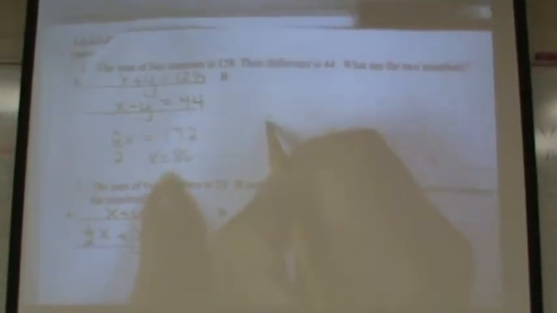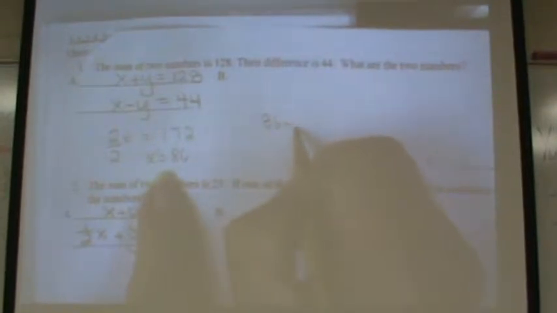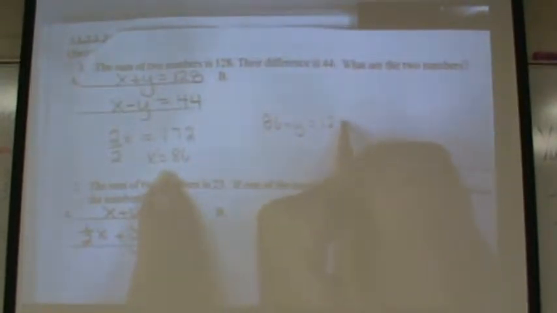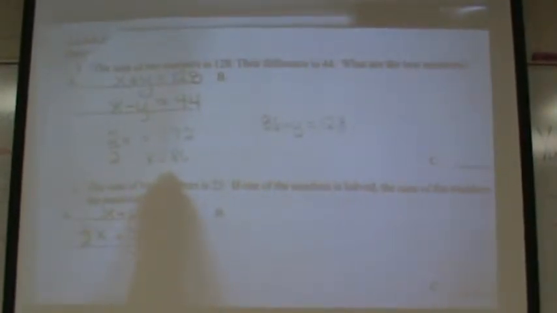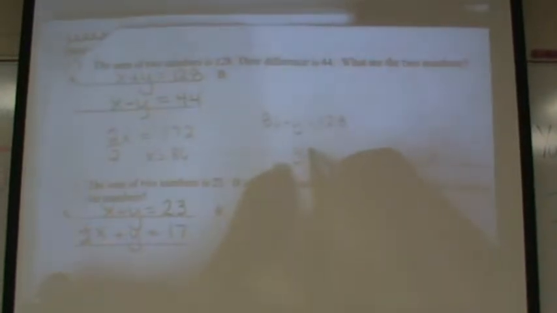So 86 plus y is equal to 128. 128 minus 86 is equal to 42. So the two numbers are 42 and 86. And you can add them up and check to see that they add to be 128 and their difference is 44. So 86 and 42 are the two numbers.